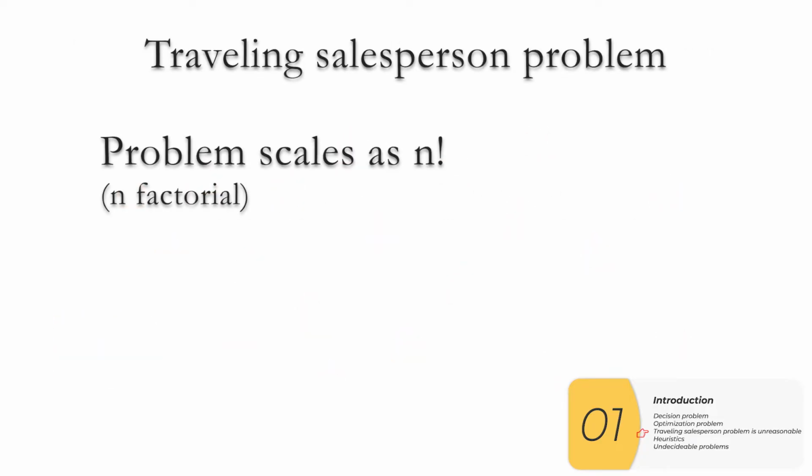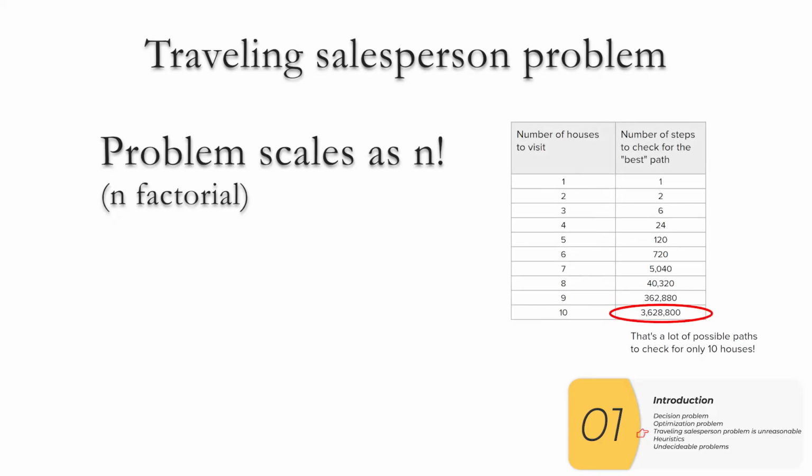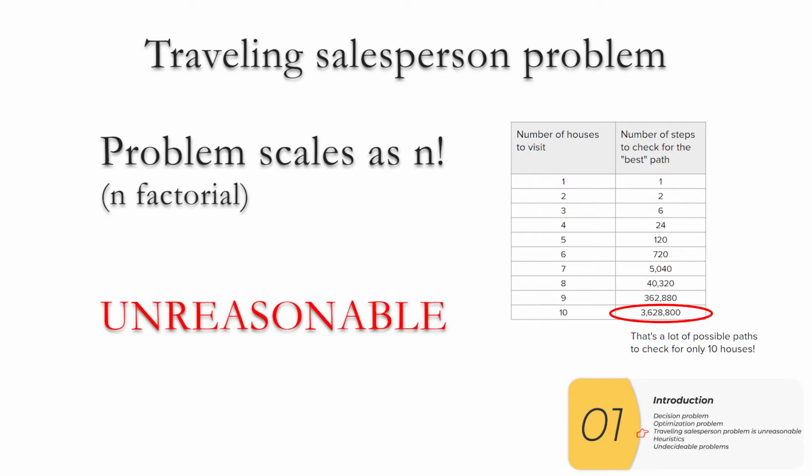It's called the traveling salesperson problem, and this problem scales as n factorial, where n is the number of items you have to go through. If you look at this chart here on the right, you'll see quickly that there's too many things I have to check. If I'm checking 10 houses, then it's 3.5 million checks I have to do. If you remember the previous lab, when something scales as n to the factorial, we say that it's unreasonable. But we still have to solve these kind of problems.